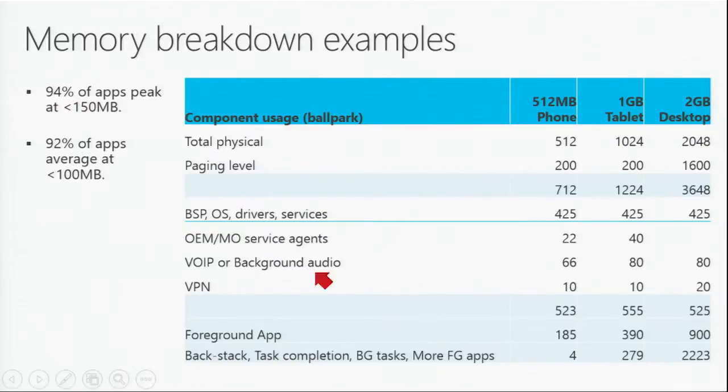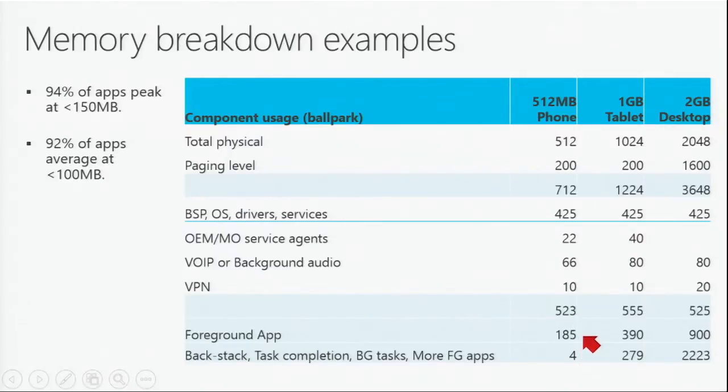So we take the physical and the page file, we subtract all the guaranteed carve-outs, and what we have left is what we use for everything else, for the foreground app, for all of the background tasks, for the backstack, for things like task completion and so on. And you can see in this example, and remember I said don't worry too much about the specific numbers, but this is a fairly typical example on a 512 meg mobile device, that we had 712 to start with, we've carved out 523, that leaves us with 189.